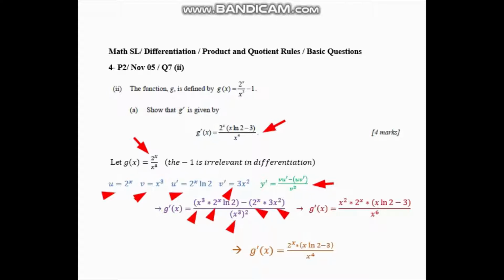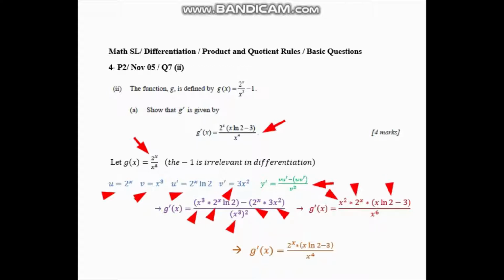I'm talking about the numerator of the fraction. Now the common factors here are, of course, x squared, because we have x cubed and x squared in the numerator. So I'm going to pull out an x squared. And we also have a repetition of 2 to the power of x. So we pulled these out as common factors, and we're going to write down what remains.